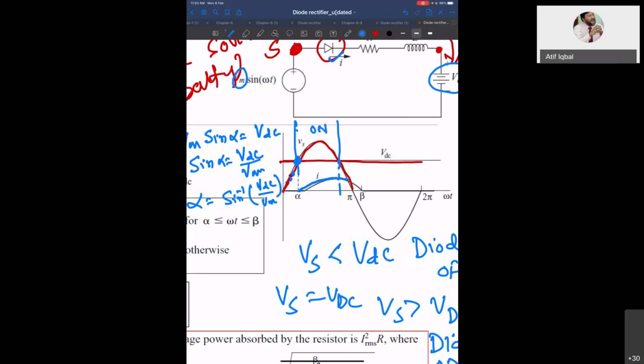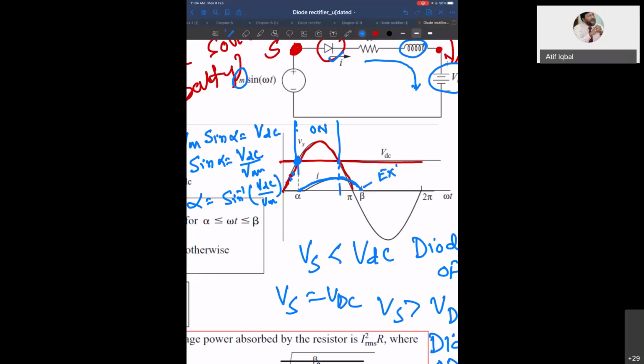As soon as the diode is turned off, due to this inductor, the current will not suddenly drop to zero, but will slowly fall and reach zero somewhere at angle beta. This is called the extinction angle, at which the current becomes zero.